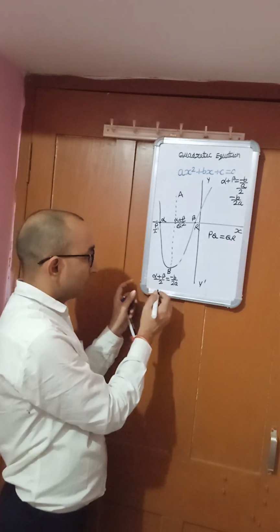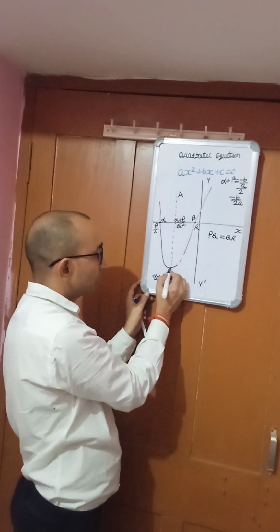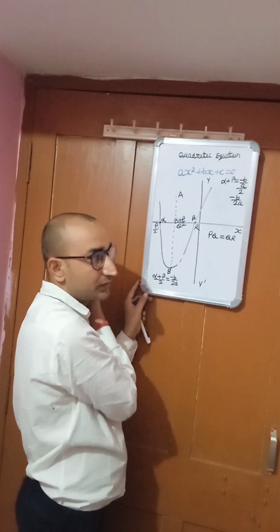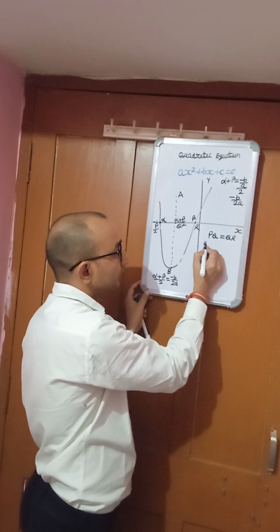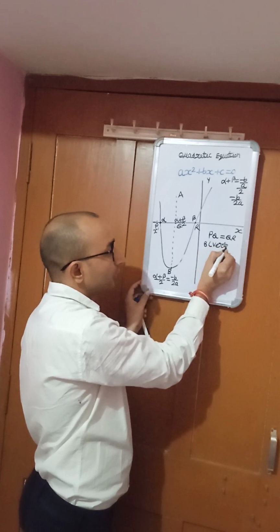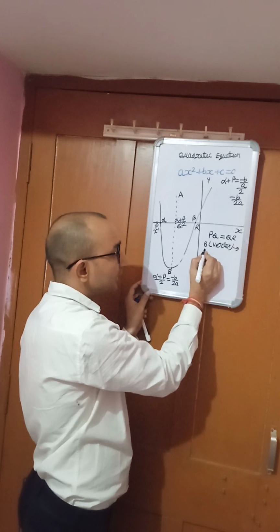One thing is here that this parabola, this is the vertex here. B is the vertex. What is vertex?